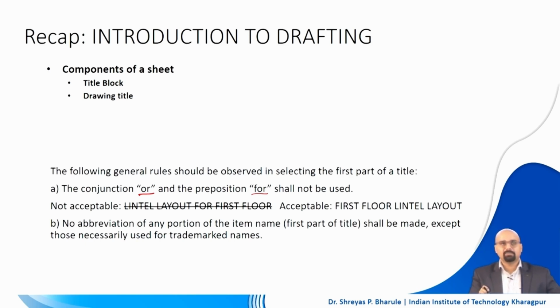For example, if someone has given the name of their office as OOK, office of Karan, that's an example, OOK is an abbreviation which may be used only if OOK is a registered entity that has approached this architect to do the drawing for them. Only then will you put that as a title; otherwise you will put the whole name instead of the abbreviation, and write office of Karan. So that's something to be remembered.